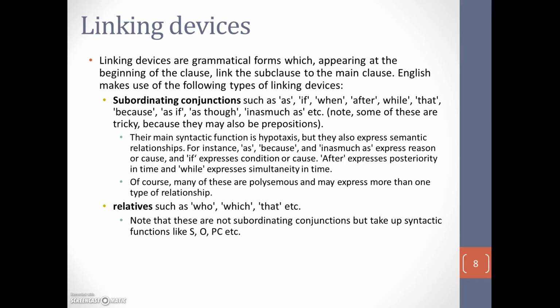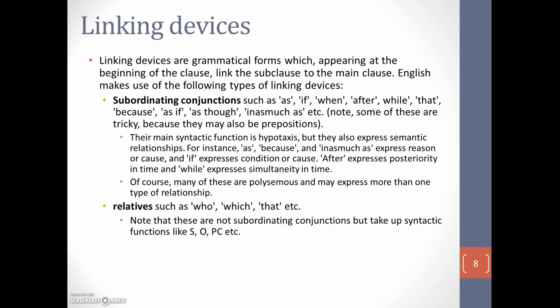So these are not subordinating conjunctions, okay, because obviously they are basically relative pronouns, and relative clauses then take up a syntactic function, and it means that the relative pronoun that introduces them also takes up a syntactic function. So when you're conducting your sentence analysis, you should be assigning a syntactic function, so maybe subject, for instance, to these relative pronouns.